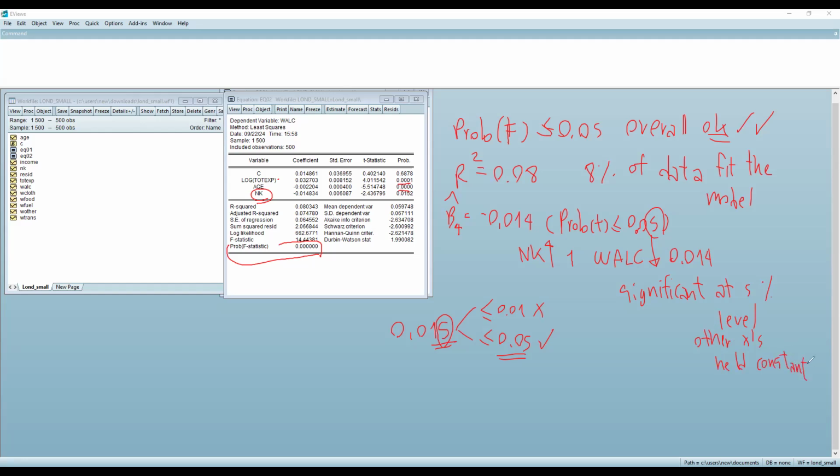This means if you have more kids, you drink less alcohol, which really makes sense. If you have more kids, you have less time to drink alcohol. That's why the result is negative.